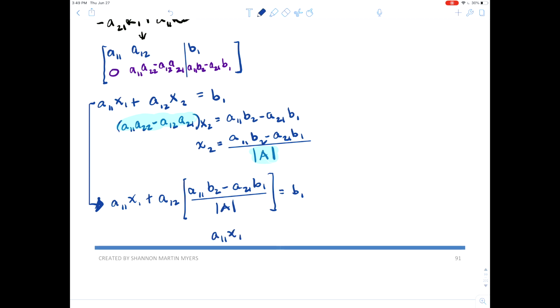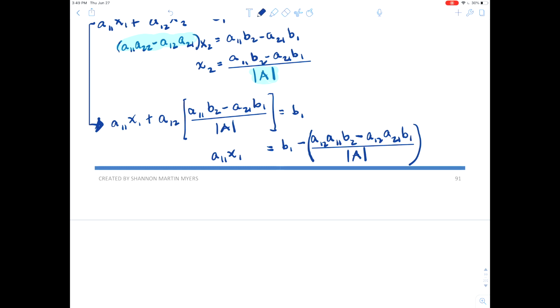A11 times x1 is going to equal B1 minus, and now I'm going to distribute the A12 through the quantity, and we'll have A12 times A11 times B2 minus A12 times A21 times B1 all over the determinant of A. Cool so far? Okay.